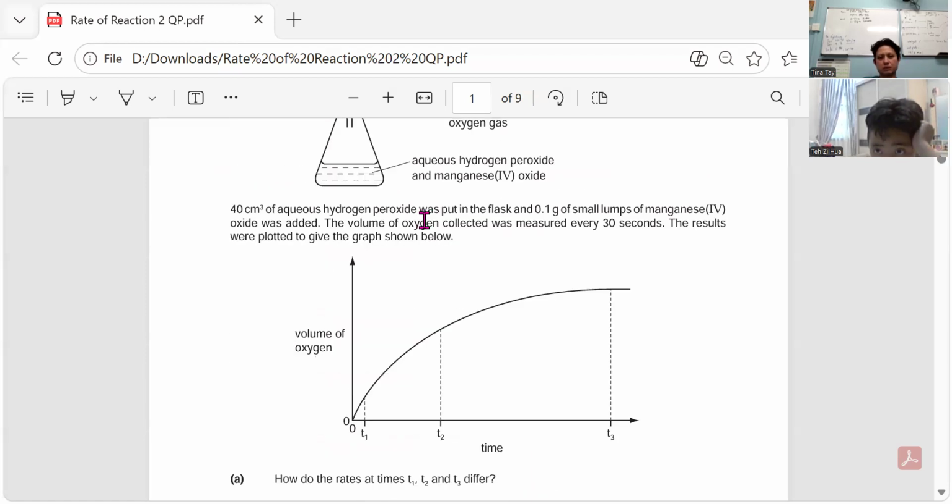Miss, can scroll down a bit, just like a bit. Know how to do or not?